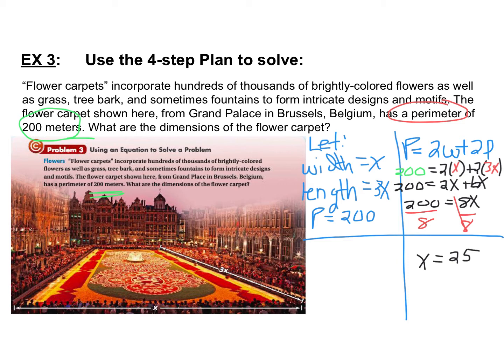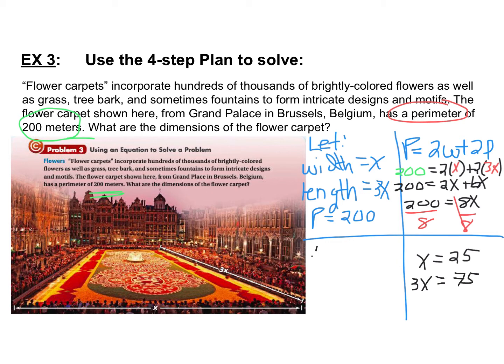Does that answer the question? So the question says, what are the dimensions of the flower carpet? Well, remember, x is the width. So we still have to find 3x. So that means 3x is going to be 3 times 25, which is 75.